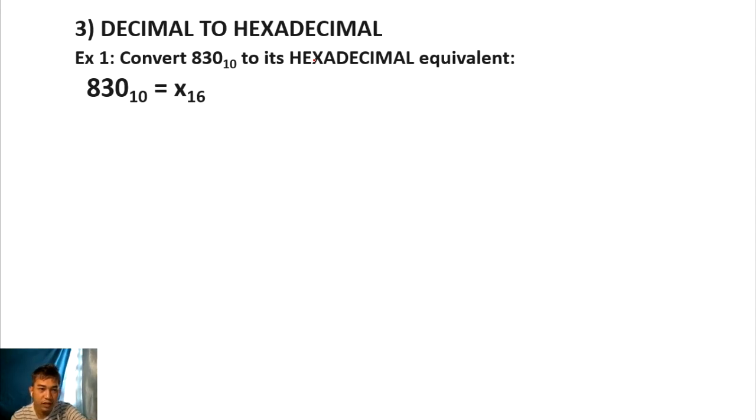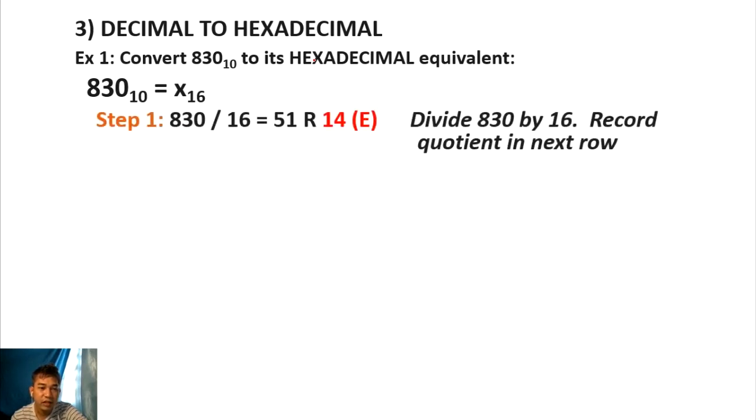So same technique. Pag convert mo yung decimal to hexadecimal, divide mo yung decimal by 16. Ayun, so we have here 830 divided by 16, that is 51. So ang remainder natin is 14. So take note, sa hexadecimal ang 14 is equivalent to letter E.